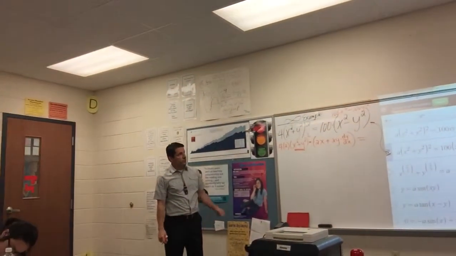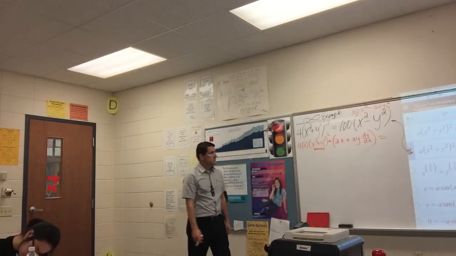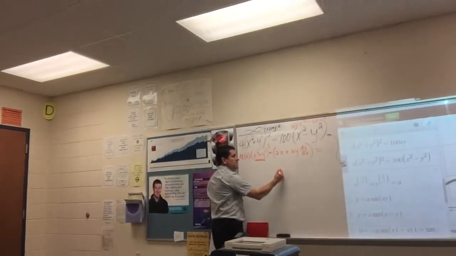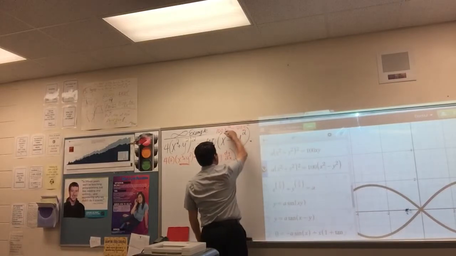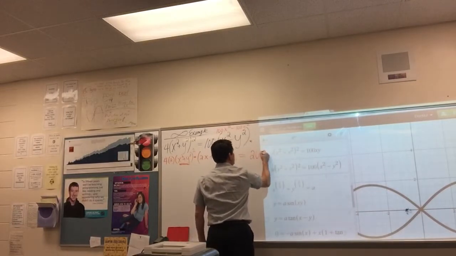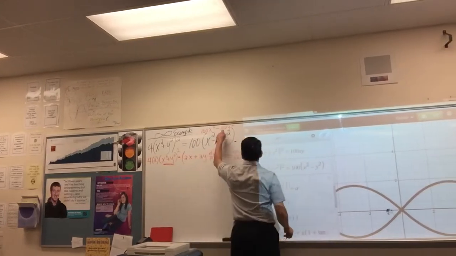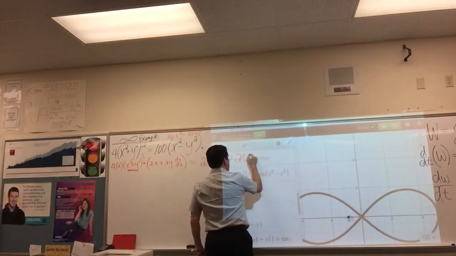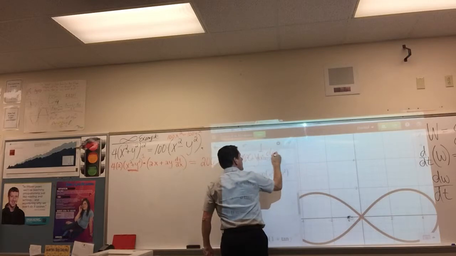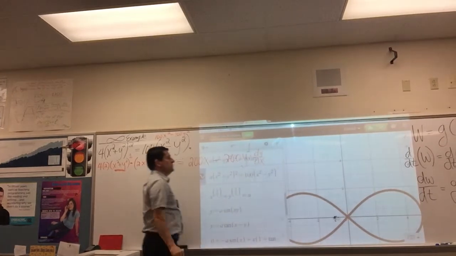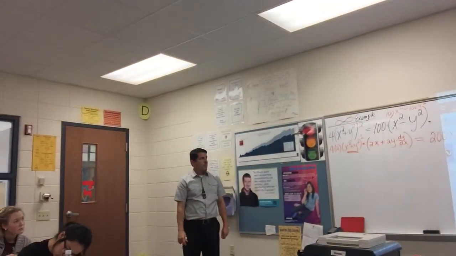So all I did was distribute the 100, and now I'm going to find the derivative of that. The derivative of 100x squared is 200x, minus the derivative of 100y squared, which is 200y to the first times dy/dx. No problem.